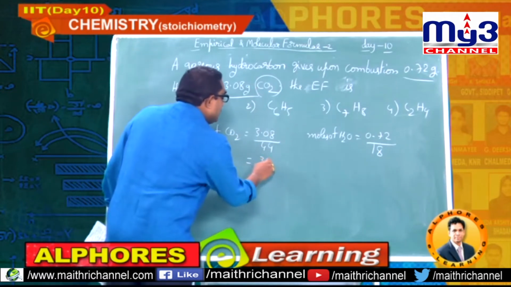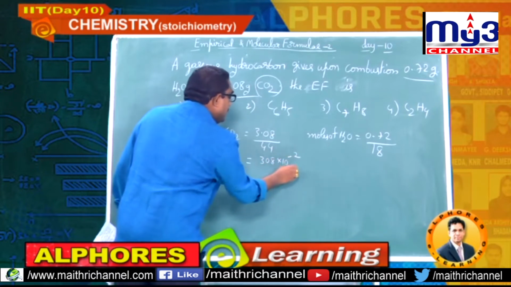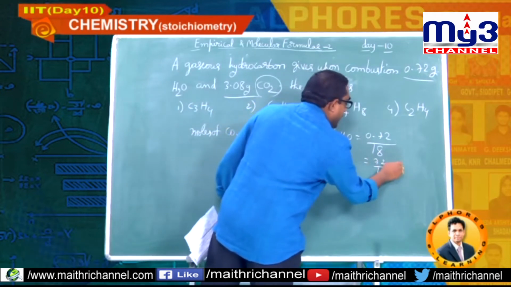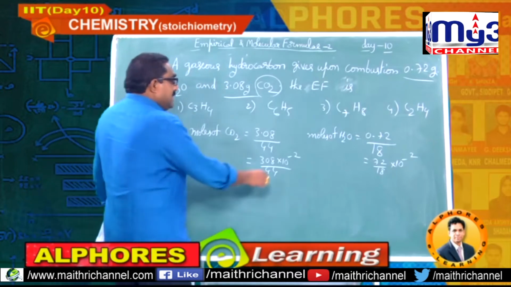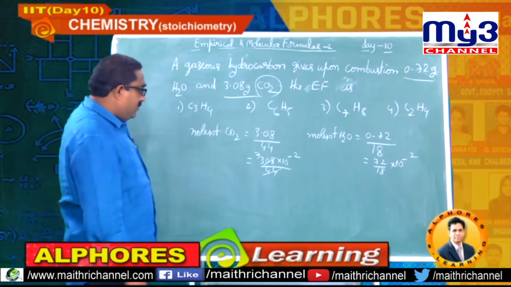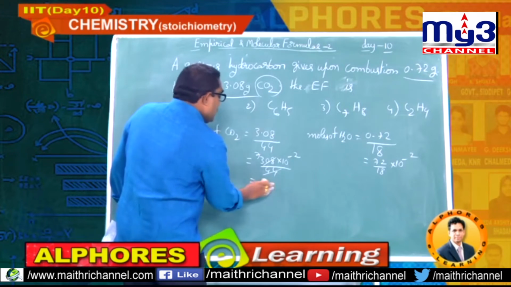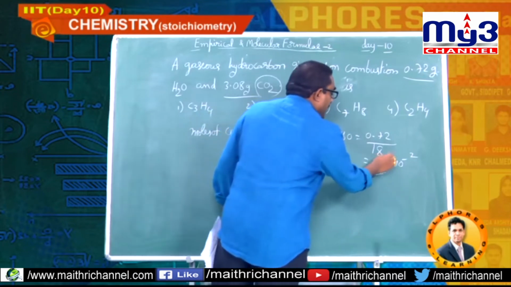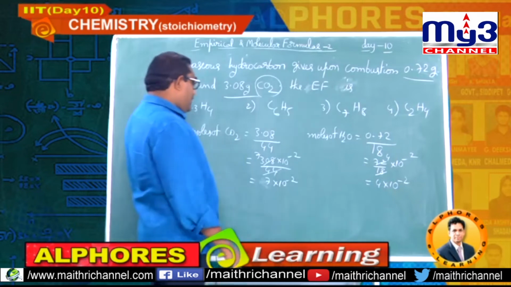I am going to write it as 308 into 10 power minus 2 by 44, and here 72 by 18 into 10 power minus 2. This is exactly 7, 7 40s are 280, 7 4s are 28, 308 exact. So this is 7 into 10 power minus 2, and 4 into 10 power minus 2.